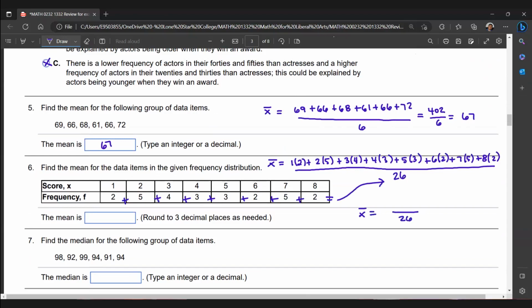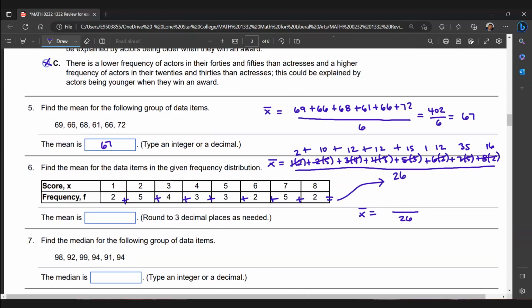So I'm going to use my calculator to do that. So we have, let's see if I can make this better. That will be 2, that will be 10, that will be 12, that will be another 12, that will be 15, that will be 12, this will be 35, and that will be 16. So let's find the sum of these numbers.